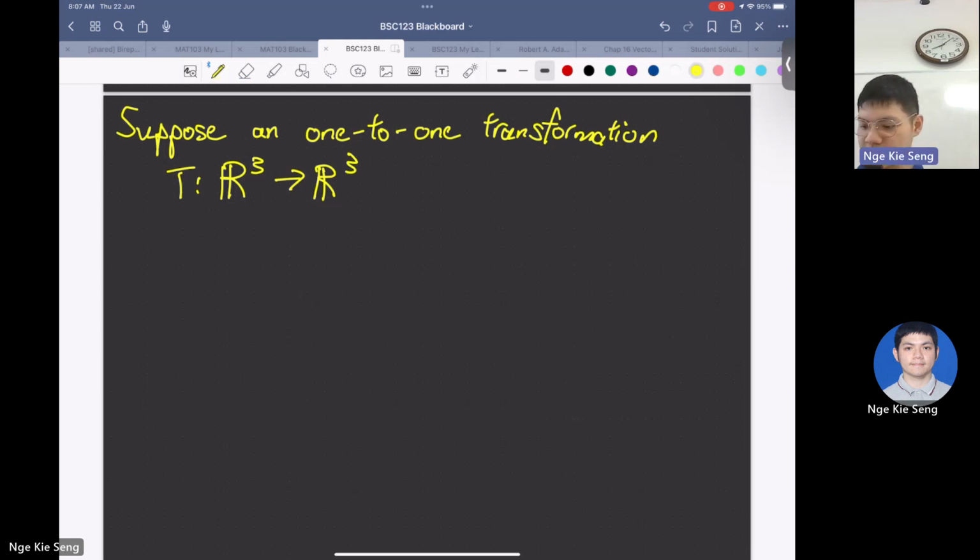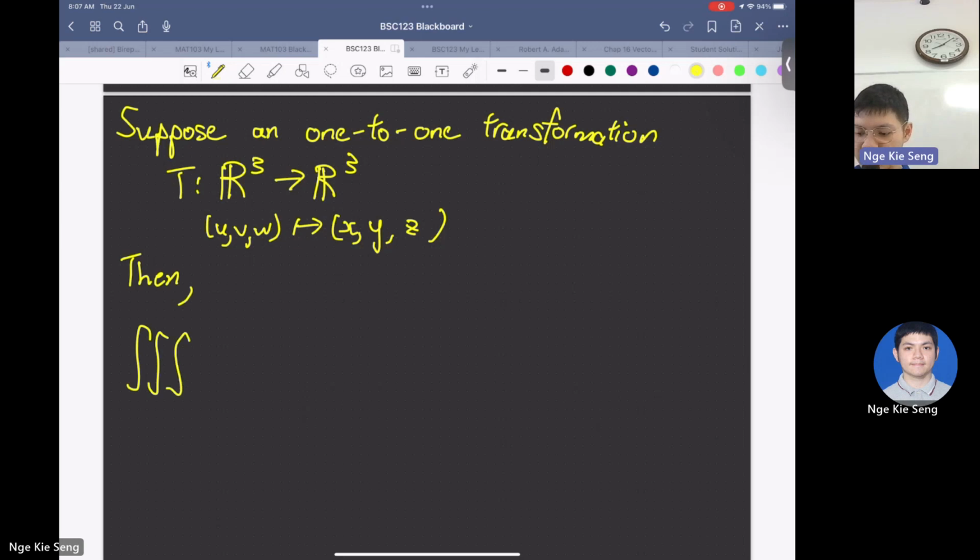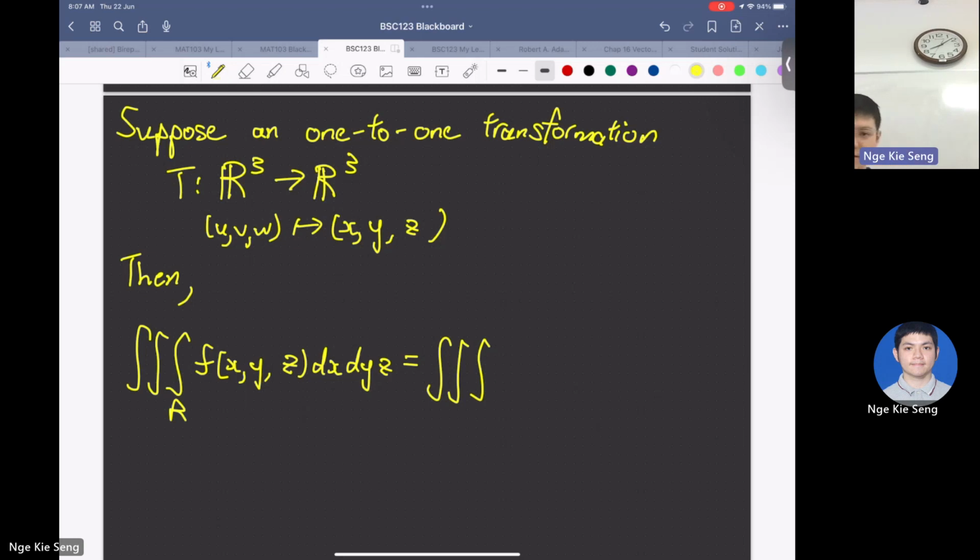So a 1-to-1 transformation from, let's say, UVW to X, Y, Z. And then what happened to our integral in the X, Y, Z coordinate? We have an extra Jacobian factor. So we change our domain and then we change our function, plus a factor of Jacobian.